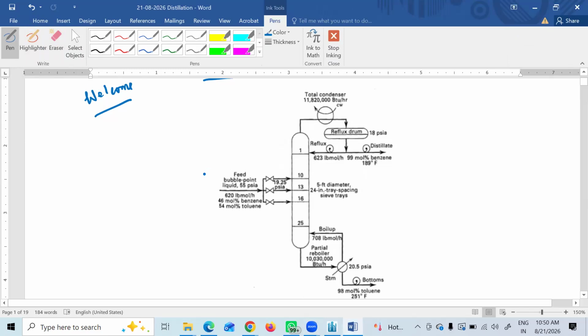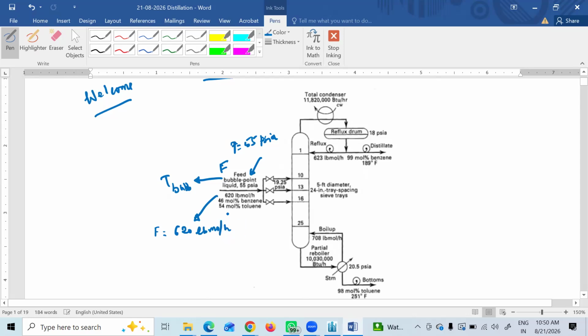If you look at this, this is the feed, and it is entering at bubble point. So it is a mixture at bubble point, and the pressure is 55 psia, and the feed molar flow rate, F, is 620 pound moles per hour.